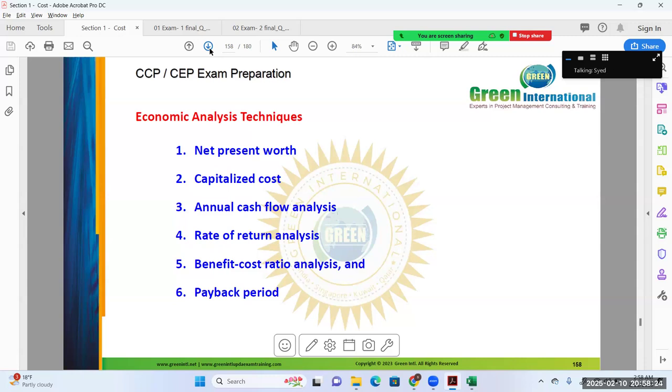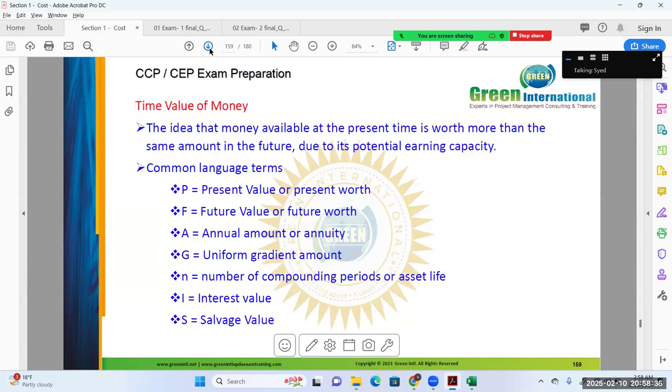In this economic analysis, we'll be learning net present worth, capitalized cost, annual cash flow, rate of return, benefit cost ratio, and payback period. All these things we'll be learning. Here, economics is the time value: the idea that money available at the present time is worth more than the same amount in the future due to its potential earning capacity.